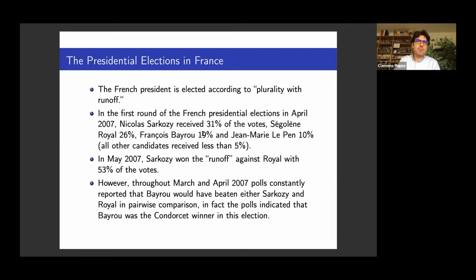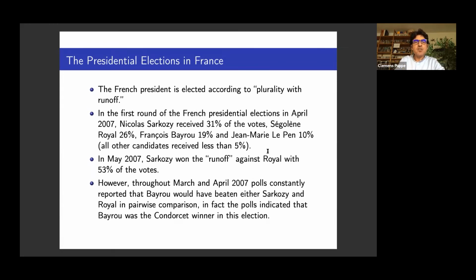No, only 20%. But many of these 26% would still have wanted to have Bayrou rather than Sarkozy, and the 31 who were for Sarkozy would have preferred Bayrou to Royal. And therefore, it's not a good idea to let the two extreme candidates, well, relatively extreme, go on. I mean, of course, Jean-Marie Le Pen was far right, but he was not really a contender here.